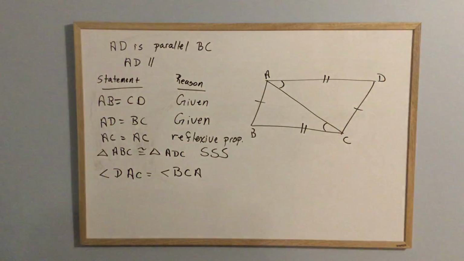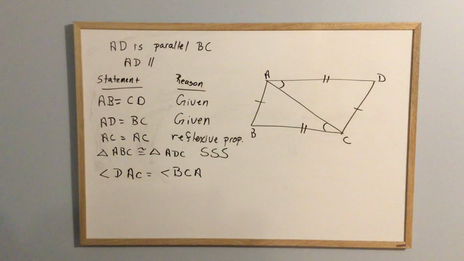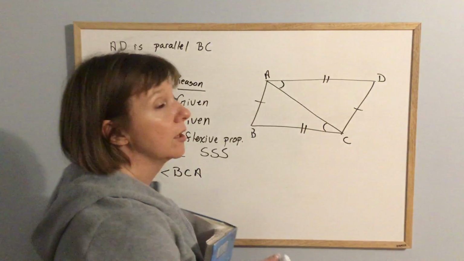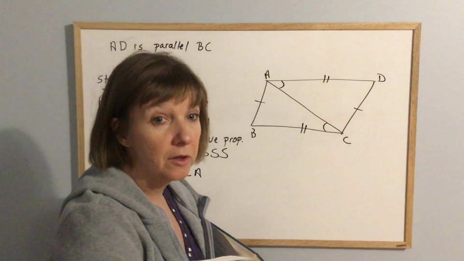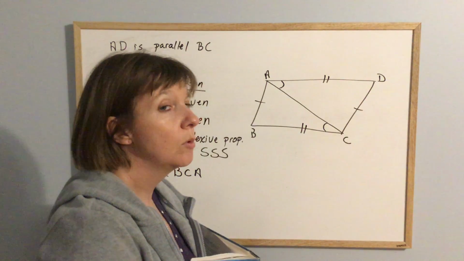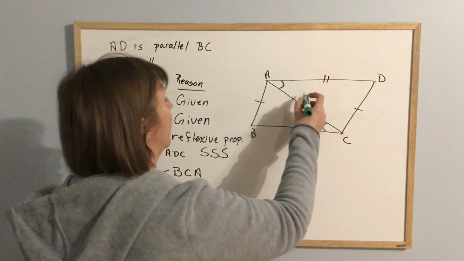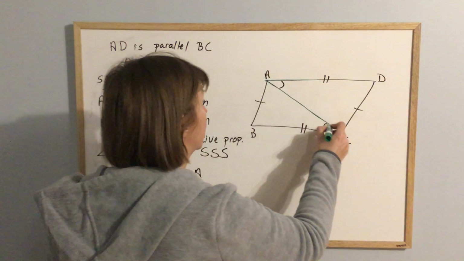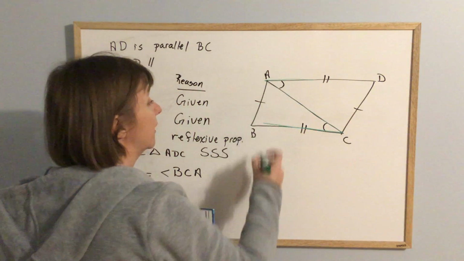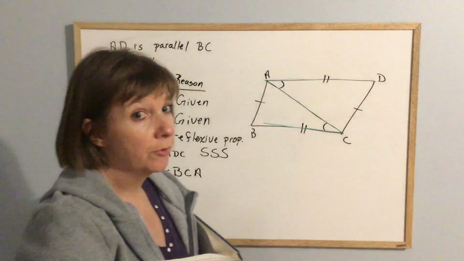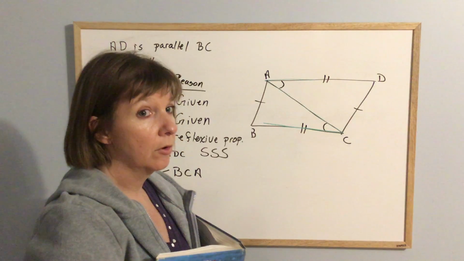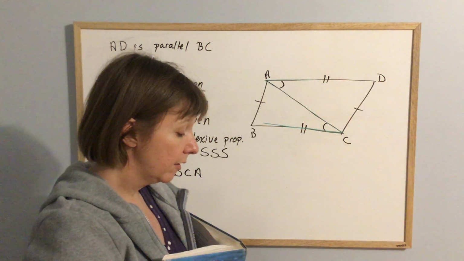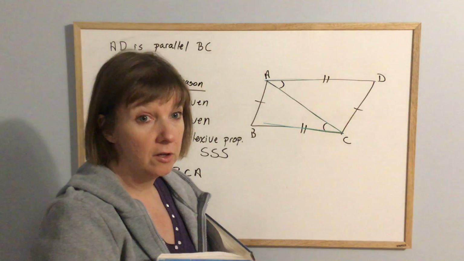So let me pull out a different color here for a minute. Think back to yesterday when I talked about the Z rule, the F rule, and the C rule. And notice that this makes a backwards Z. And it said if a transversal goes through 2 parallel lines, then the alternate angles are equal.